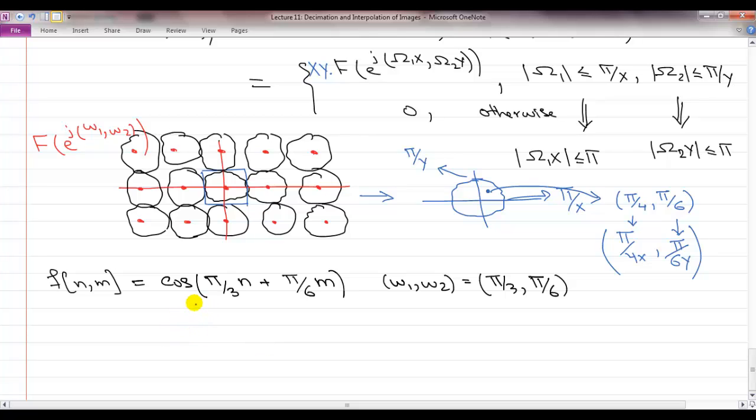So this is a pure sinusoid in 2 dimensions. It doesn't matter where this sinusoid came from.